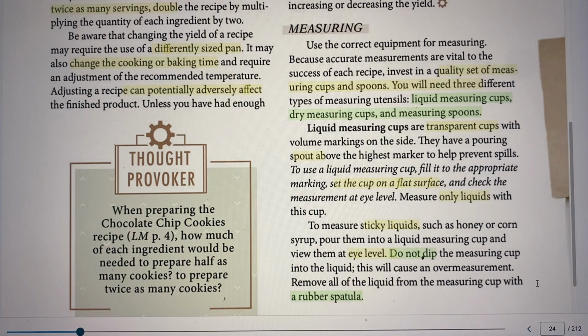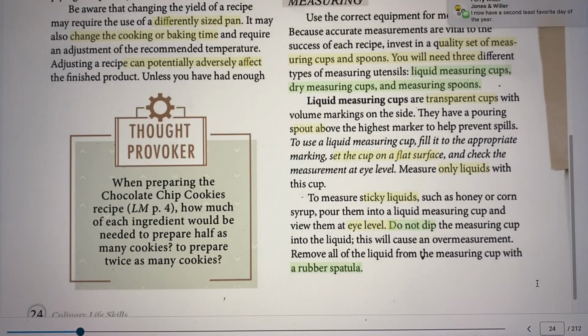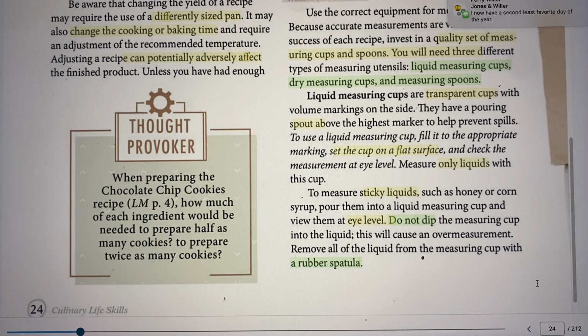There are three types of measuring cups, I should say. There are liquid measuring cups, dry measuring cups, and measuring spoons. So let's talk about the liquid measuring cups. Liquid measuring cups should only be used for liquids.